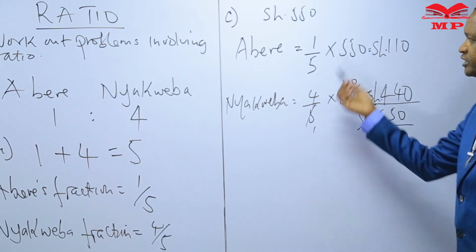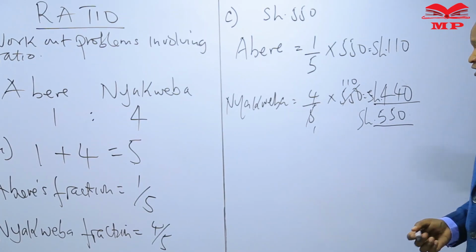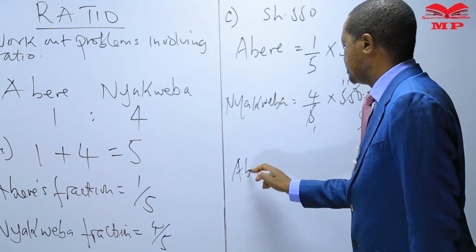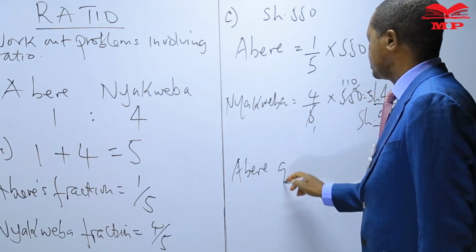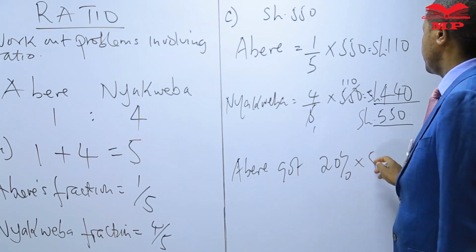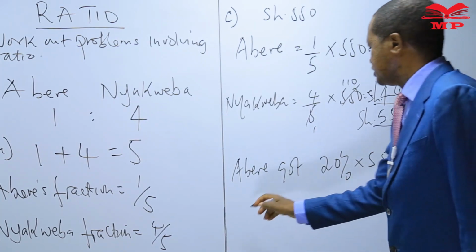Alternatively, you can use percentages to calculate the amount of money that each received. Abere got 20% times 550.